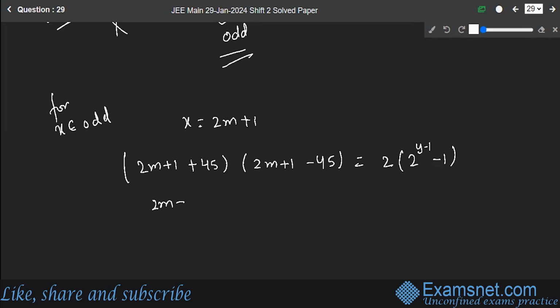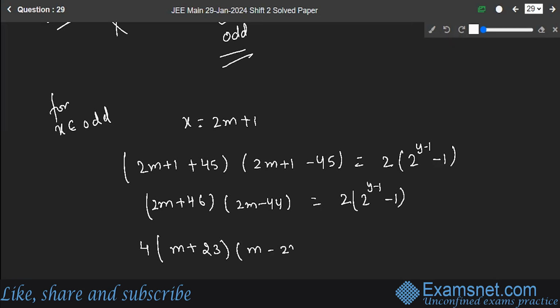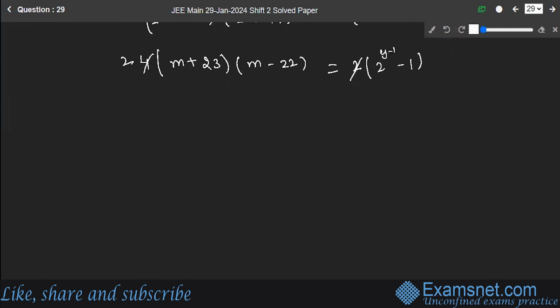This is (2m plus 46)(2m minus 44). This 4 will be taken outside. This will be (m plus 23) and here (m minus 22) is equal to 2 into (2 power y minus 1 minus 1). This will cancel with this, and 2 over here will come.